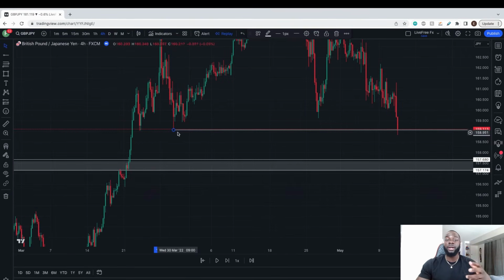So I'm looking at areas where price is likely going to be reaching for, areas of liquidity that price is going to be tapping as it makes its way towards that key level, because when sellers are in control, they are targeting lows.